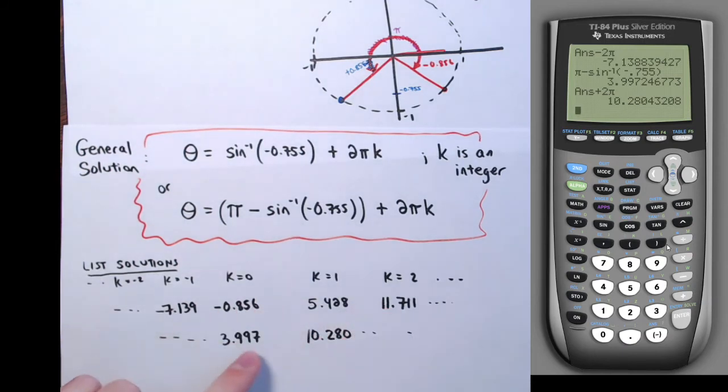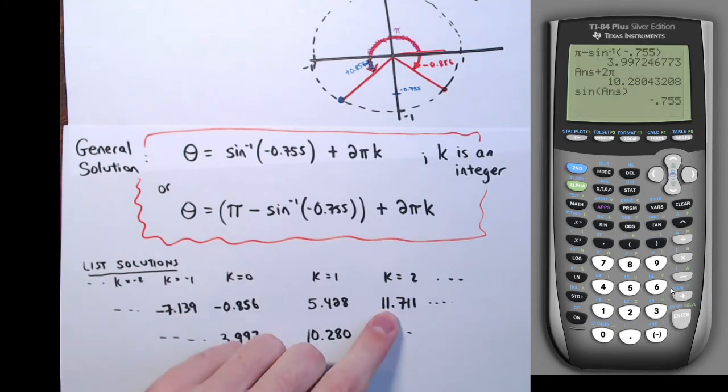Here are 6 solutions to this equation rounded to 3 decimal places. And let me show you that this one here, 10.280, that's on my calculator right now, this is a solution. The sine of that answer is negative 0.755.